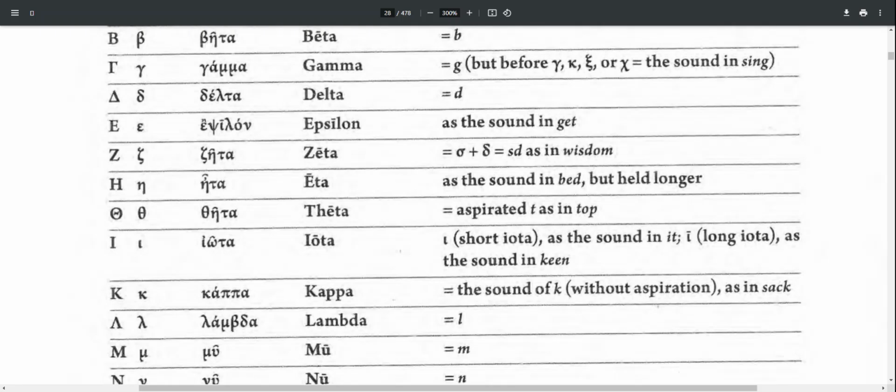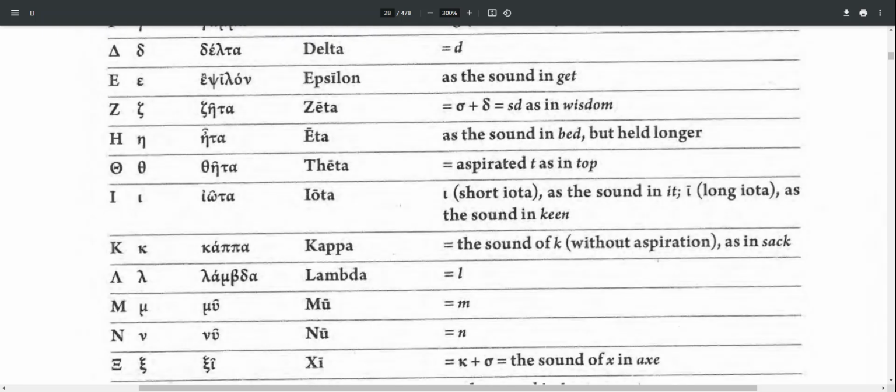The next letter is kappa, without aspiration, like the sound of K but without aspiration, as in sack. So kappa. The next letter is lambda. It has the same sound as the letter L.